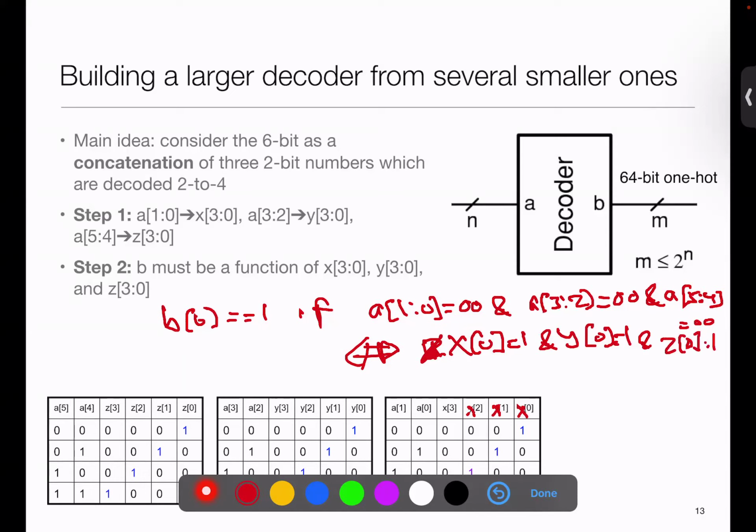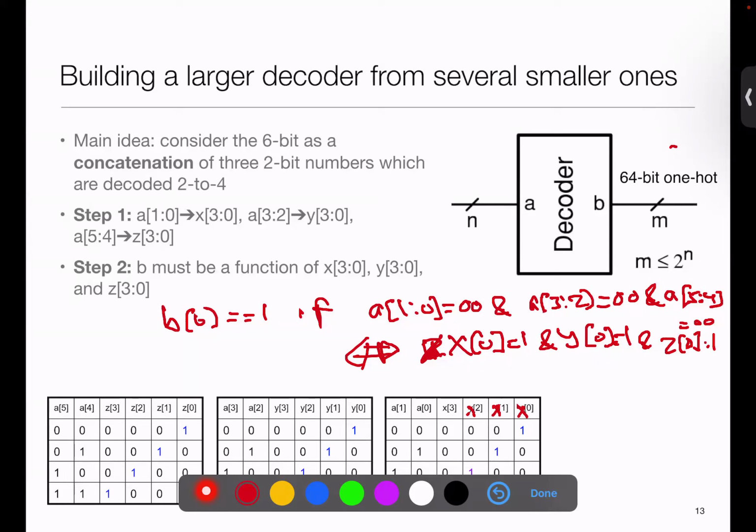So for the output B0 out here, I can start with its expression in terms of A, but I can translate that into an equivalent expression in terms of X, Y, and Z. And that's the game we are going to play.